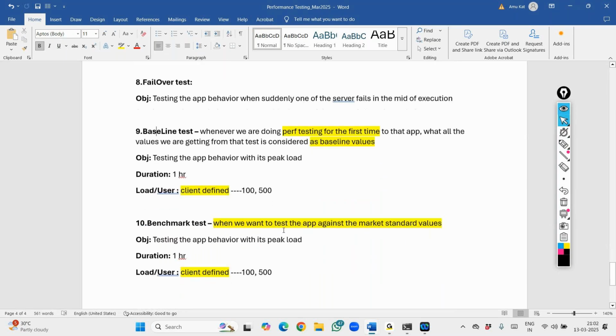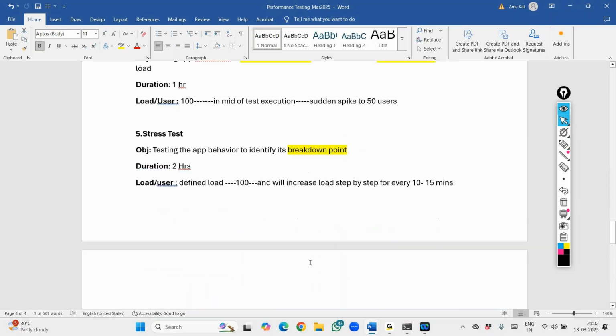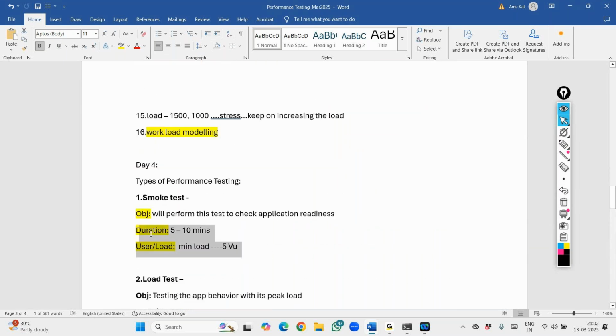And if you are testing the application against the market standard values, checking in parallel with them, then it is called benchmark testing. No matter which type of testing you are doing, it should be done with a smoke test to check the application and its environment readiness.